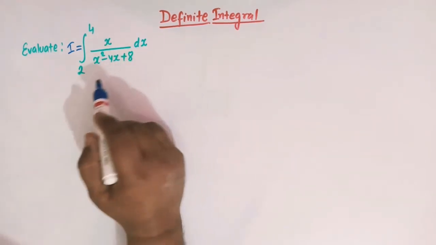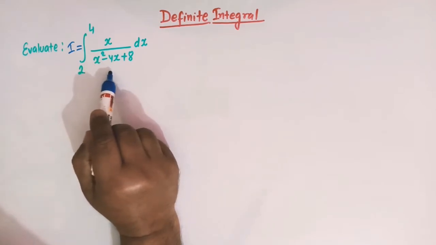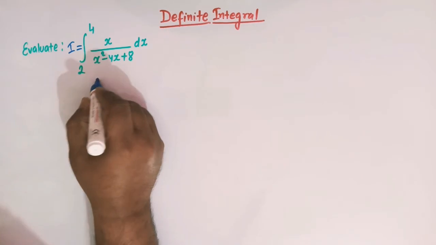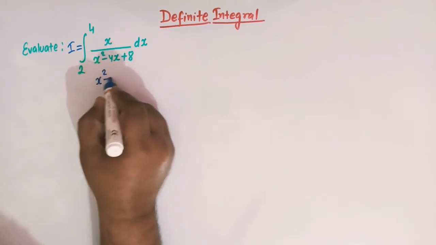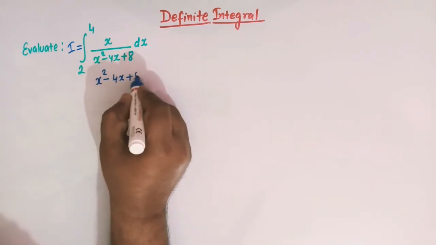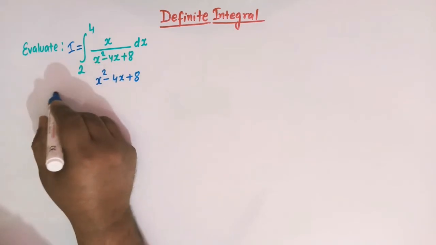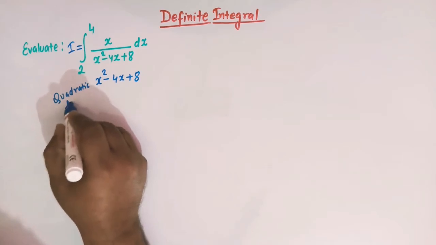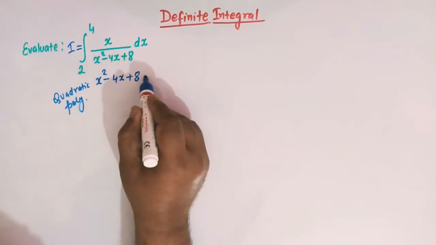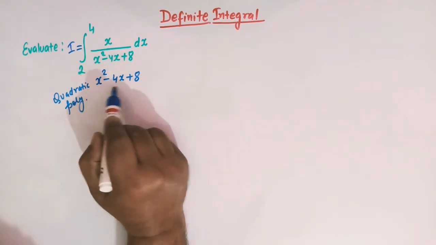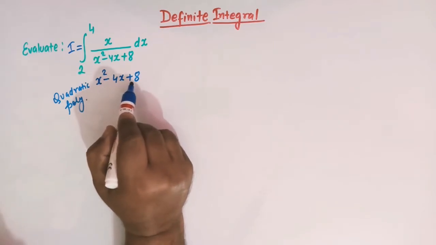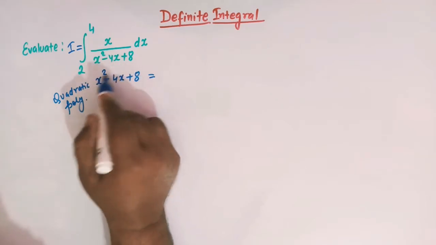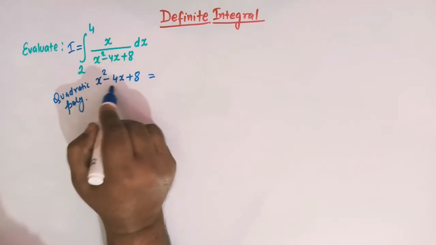Let us first see that in the denominator we have a quadratic function, x square minus 4x plus 8, which is a quadratic polynomial, and let us first make a complete square. So here we'll try to form a complete square.